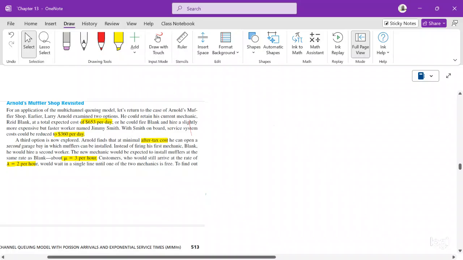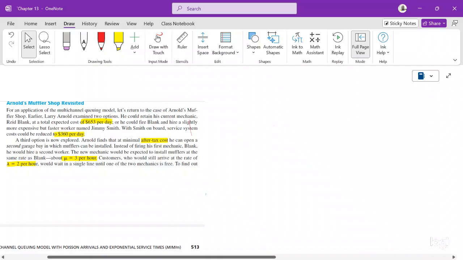So now the only difference is that this guy wants to save the cost, ne? He wants to save the cost by exploring a third option. So a third option goes like this. Arnold finds that at minimal cost, he can open a second garage bay in which mufflers can be installed.